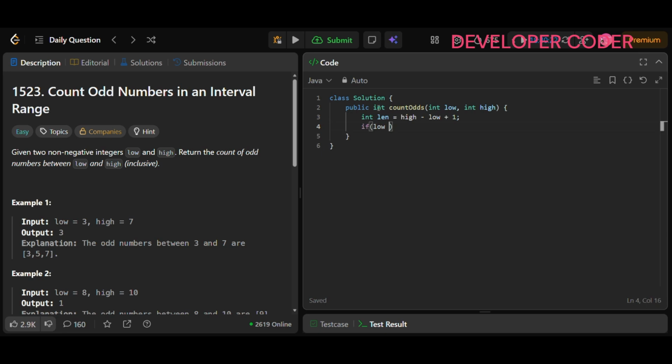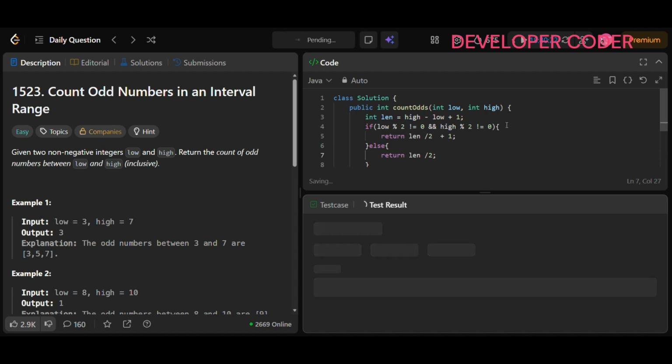If low modulus 2 is not equal to 0, I am checking for the odd case, and in the odd case only we have to add 1. And if high modulus 2 is not equal to 0, then we have to return length divided by 2 plus 1. Otherwise we have to simply return length divided by 2. That's it. This is my first approach to solve this problem.